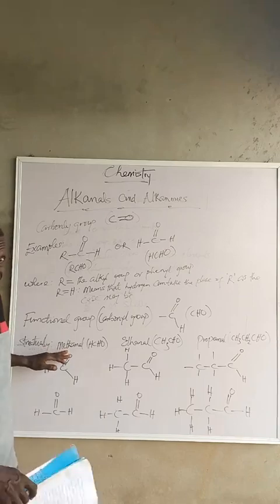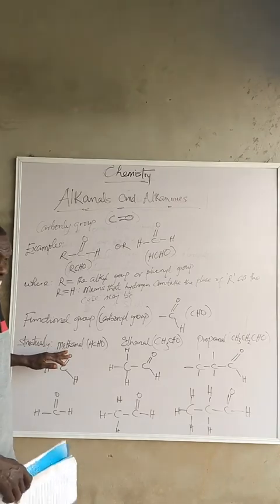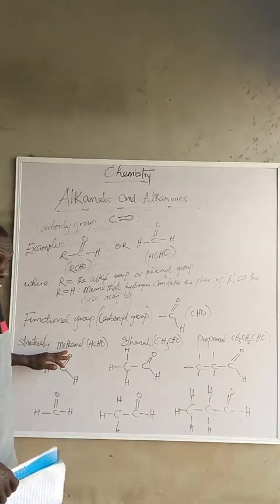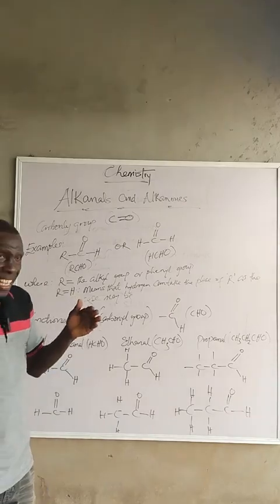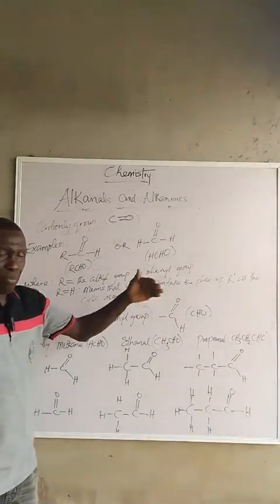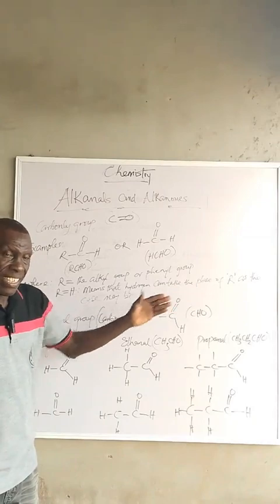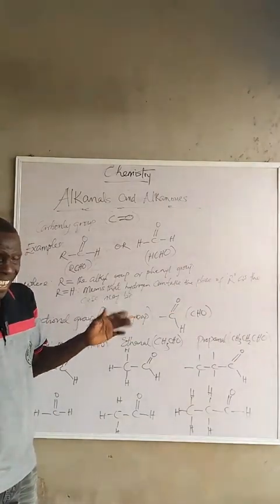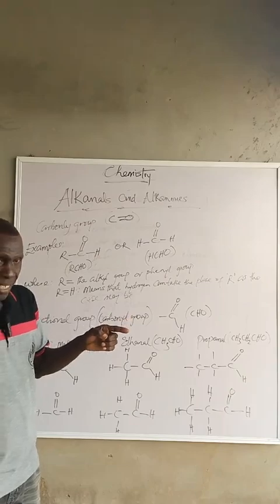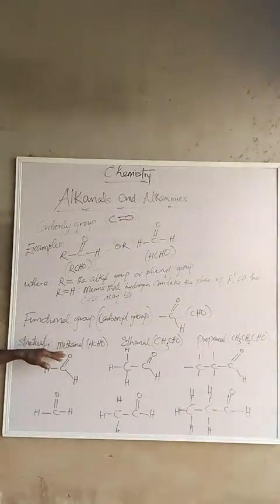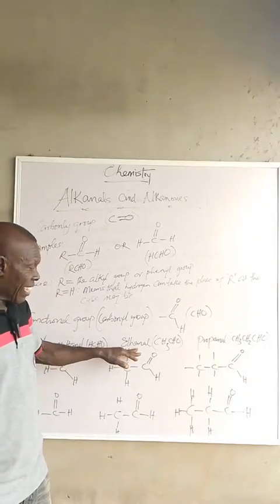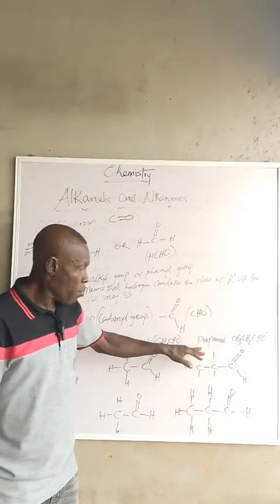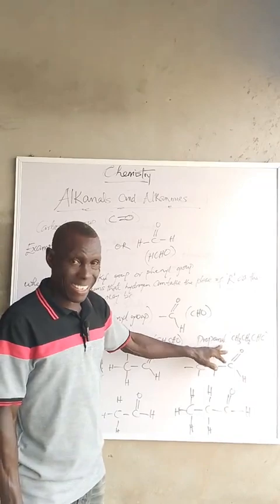Methane is from the alkane series, so the name is derived from the alkane series. The E, which is the ending part of methane, is replaced by al. So methane becomes methanal, ethane becomes ethanal, propane becomes propanal.